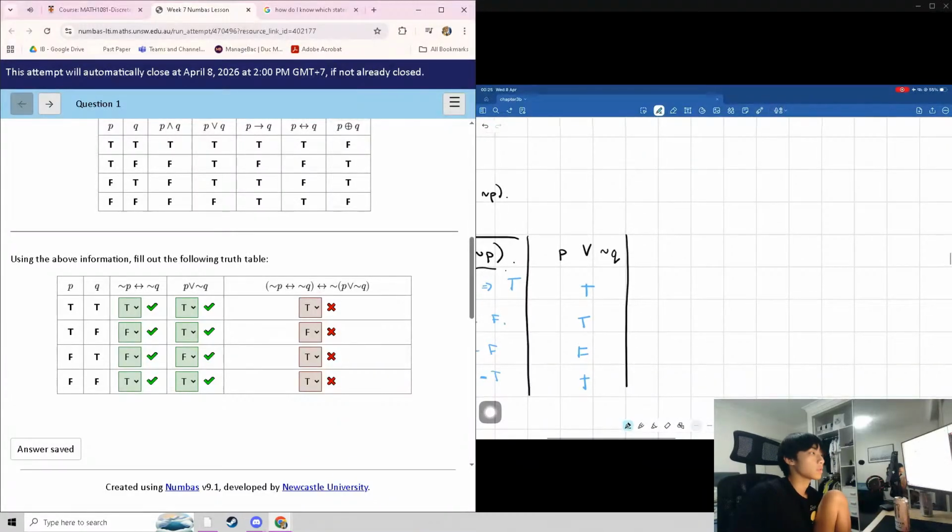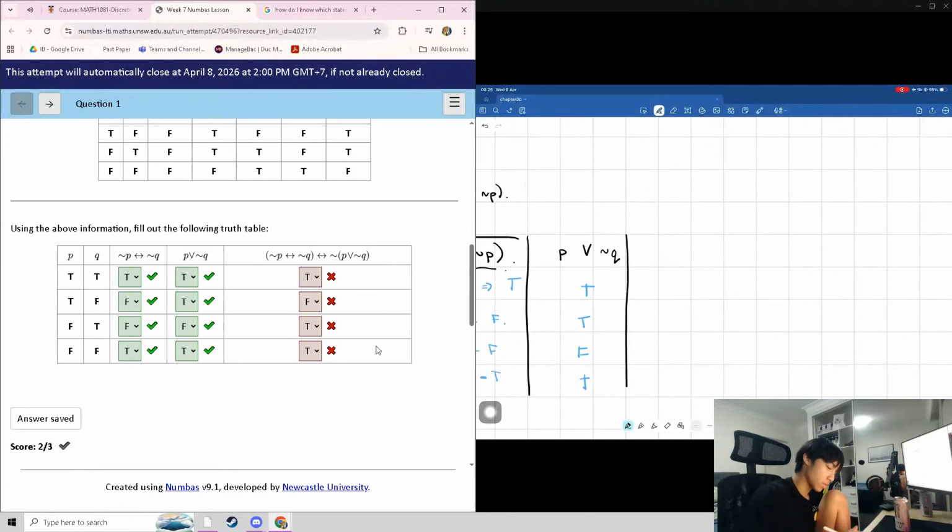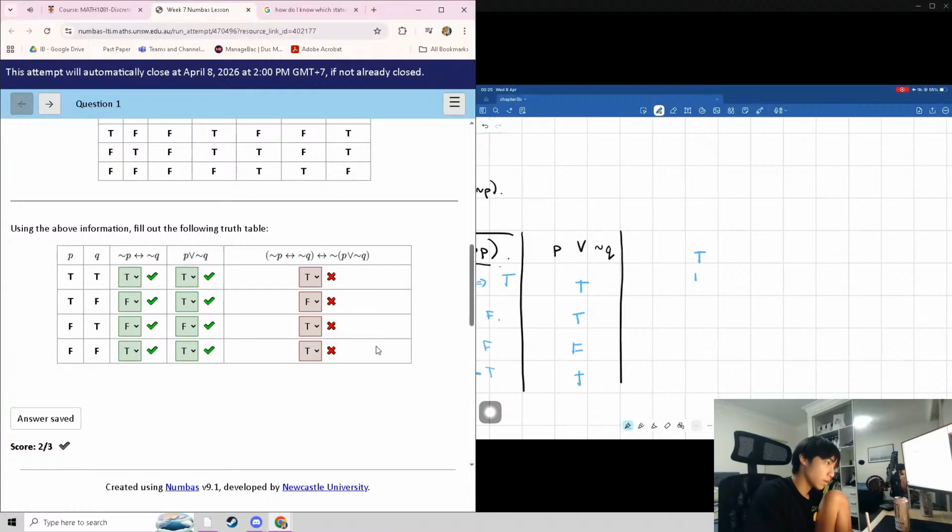Sorry, I'm seeing something here. There's the negation right here. It implies the negation of this. So we're actually comparing true, false, false, true to false, false, true, false. And the only time that I see that the double implication has its own value is here.